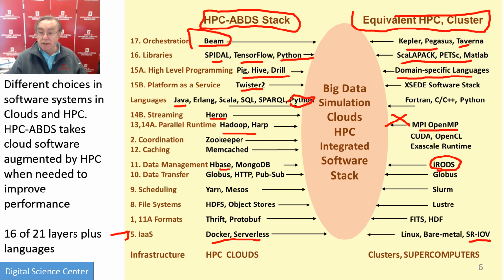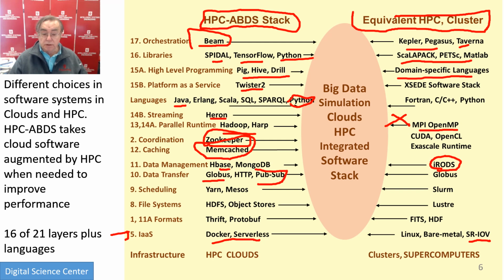Coordination, there is nothing on the cluster side. Zookeeper for the Apache side allows you to do distributed coordination. Caching also is not highlighted on the cluster side. And Memcached is a very famous in-memory caching system for databases. Data transfer, well, it's not so clear how you do that on the Apache side. Publish-subscribe is used for streaming data.